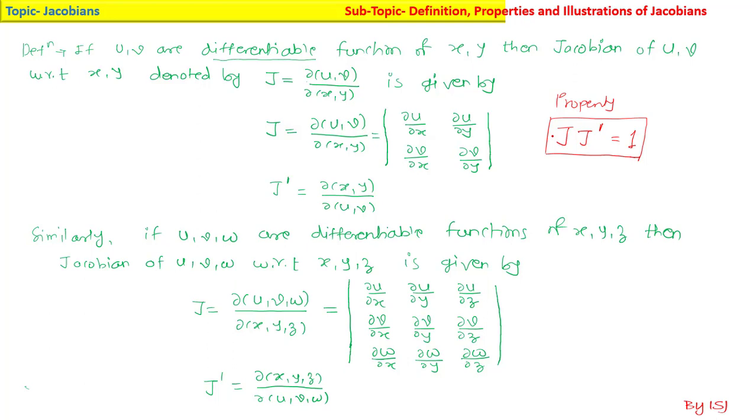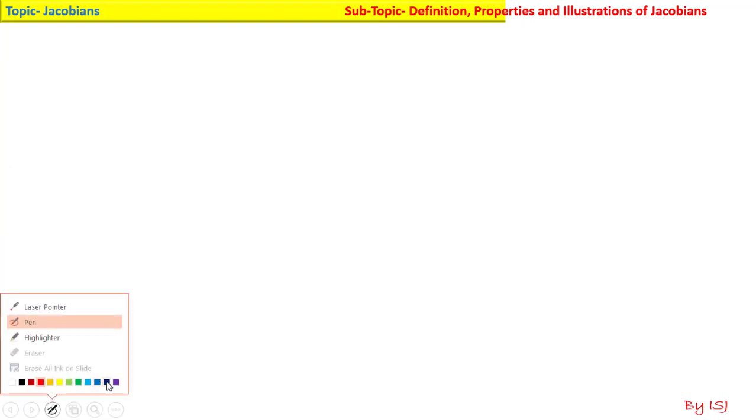Let us go further with a simple illustration or example on Jacobian. So we have an example.